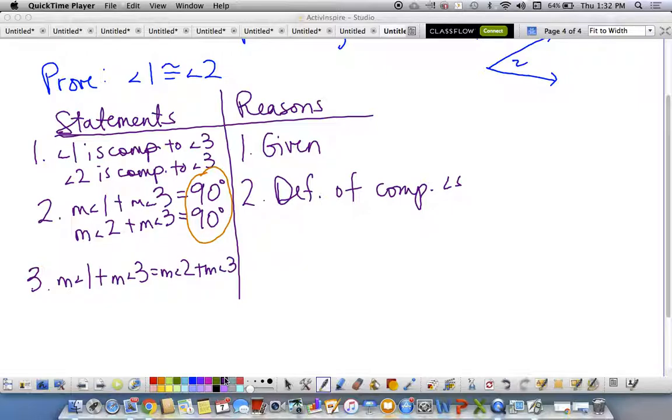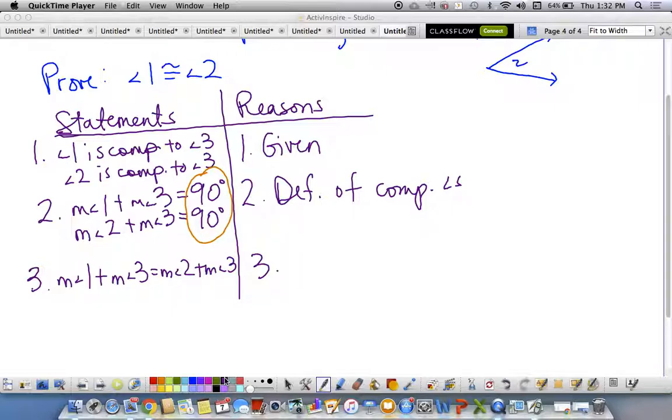Why can I do that? Well, angle addition postulate says this piece plus this piece equals the total. Wait, it's not actually that. I would take substitution any day of the week.